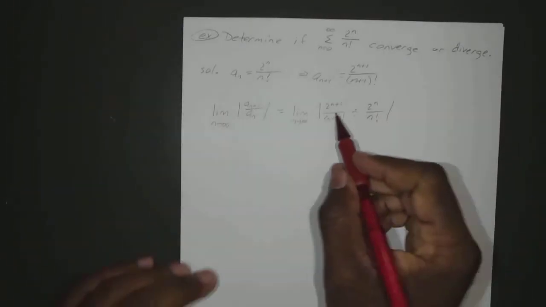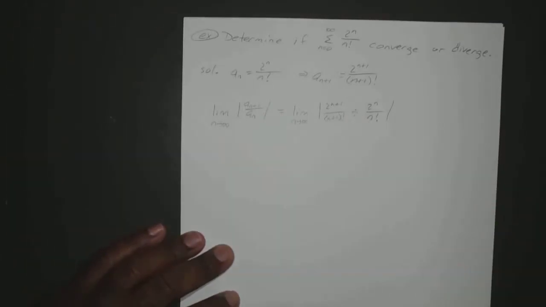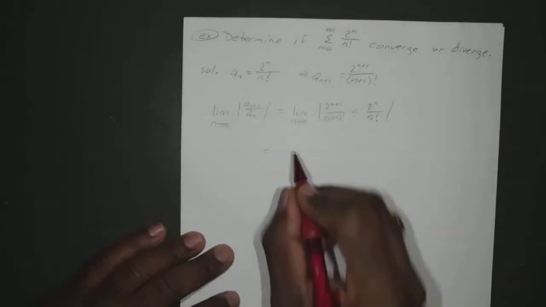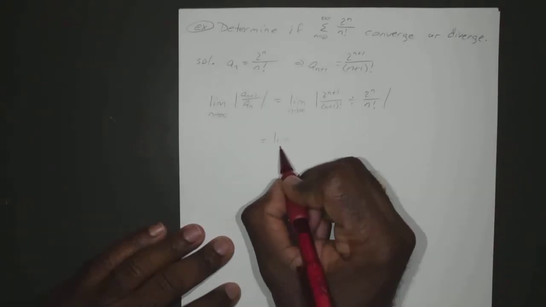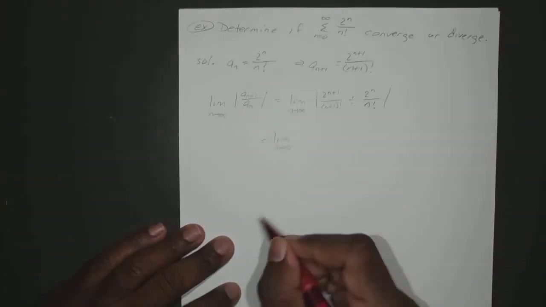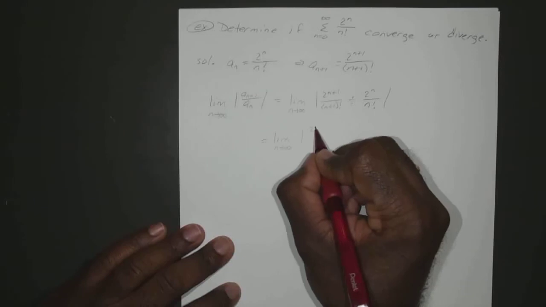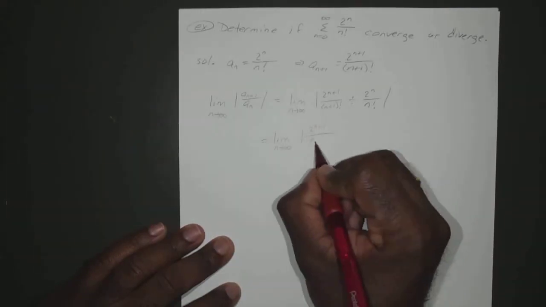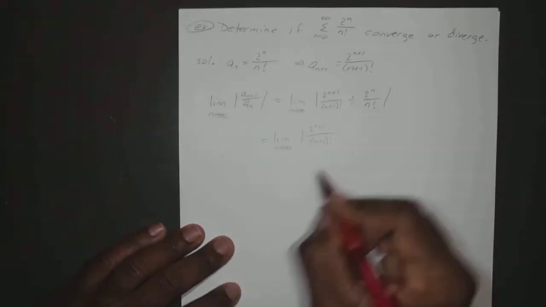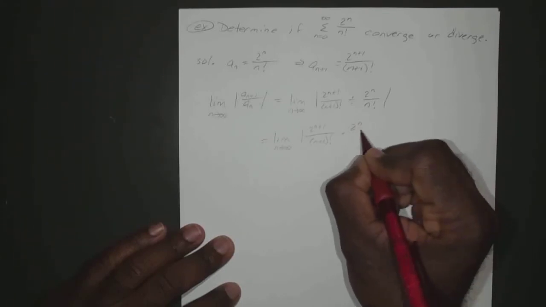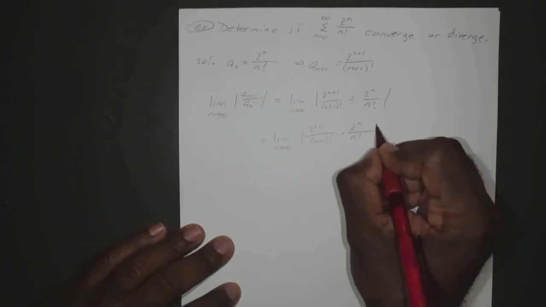Which means we can just write down our first fraction, change that to multiplication, flip the second one. So the limit as n approaches infinity, 2 to the n plus 1 power over n plus 1 factorial times n factorial over 2 to the nth power.